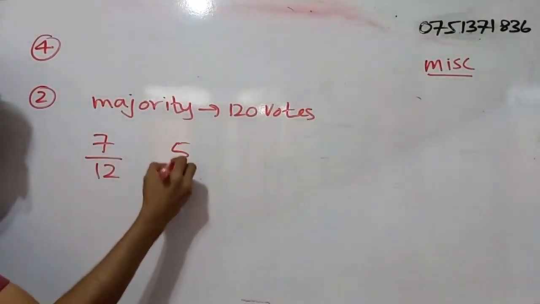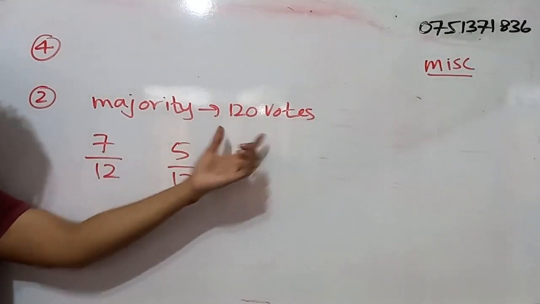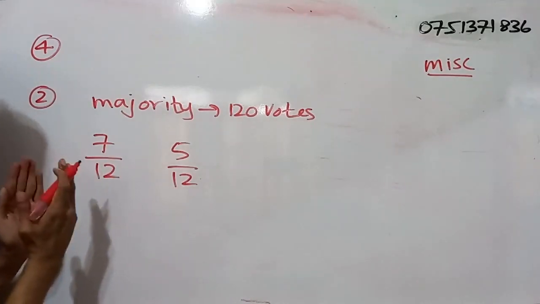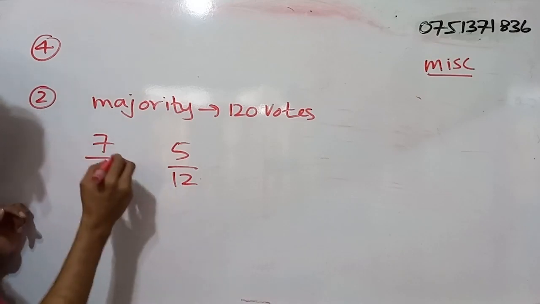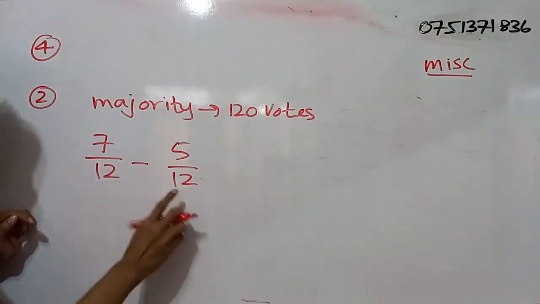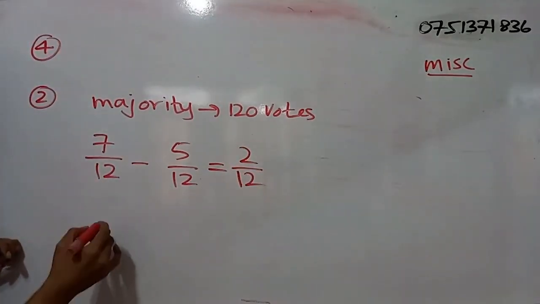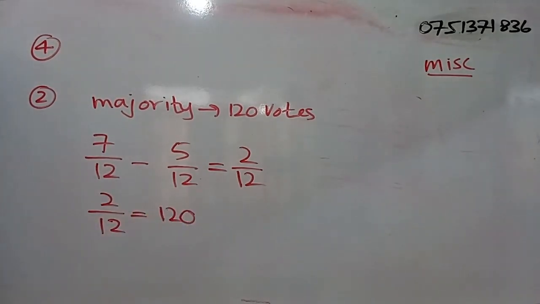The person who lost got 5 by 12. This is a majority, no? That means that is the difference between the amount of votes the winner got and the person who lost got. So when we subtract these two fractions, this is equal to what? 2 by 12. So 2 by 12 means what? This is equal to 120 votes.